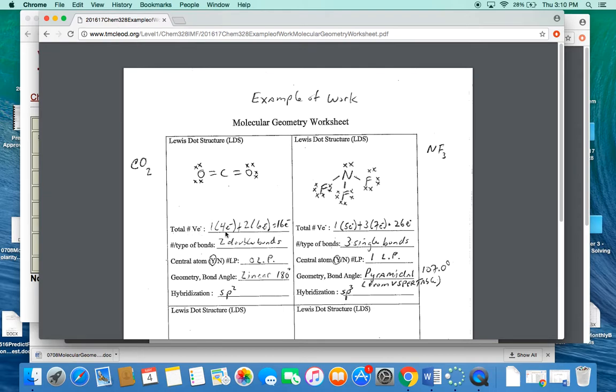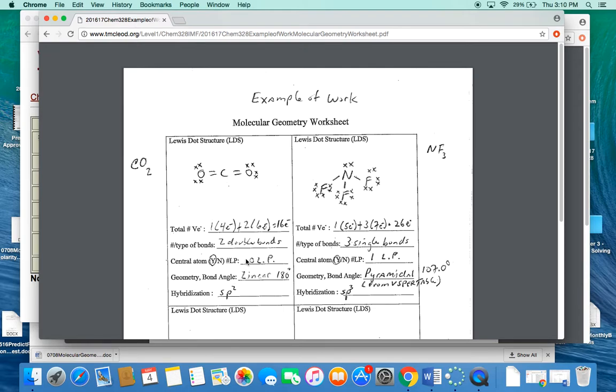Figure out the total number of valence electrons, the correct showing of work, and then we describe it. The number and types of bonds, well, 2 double bonds. Is there a central atom? Yes, there is. And if you want, you can put C for the central atom carbon here. And the number of lone pairs, LP stands for lone pairs, on the central atom carbon is 0.